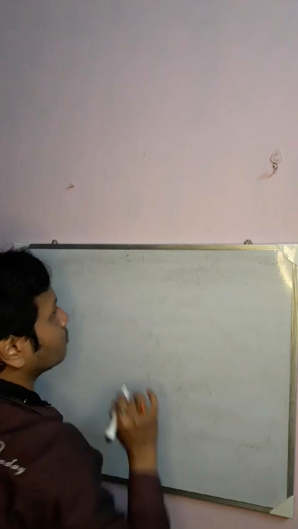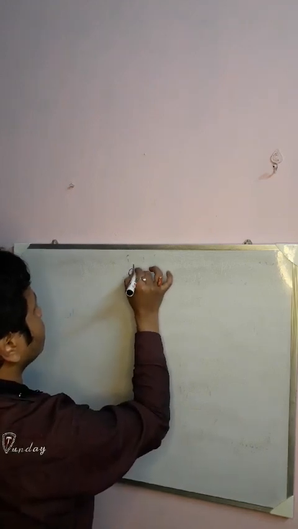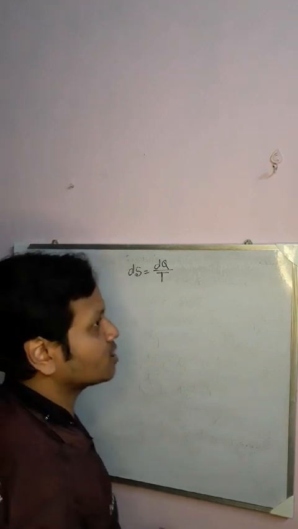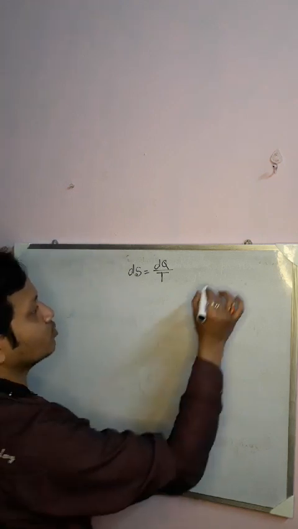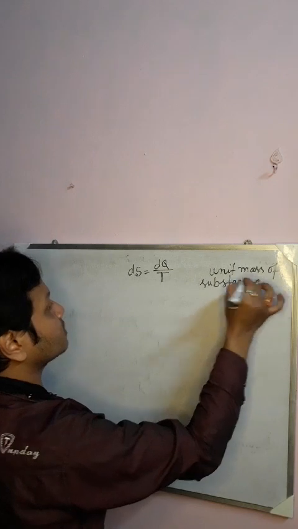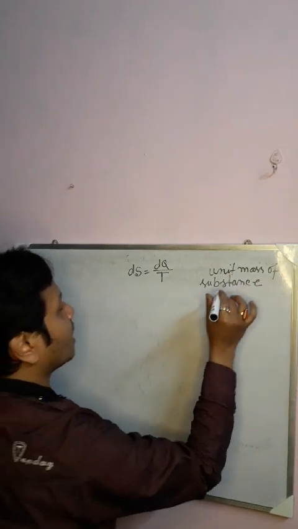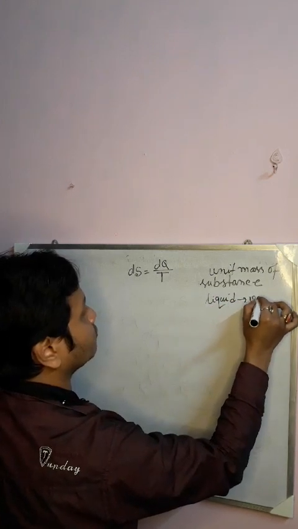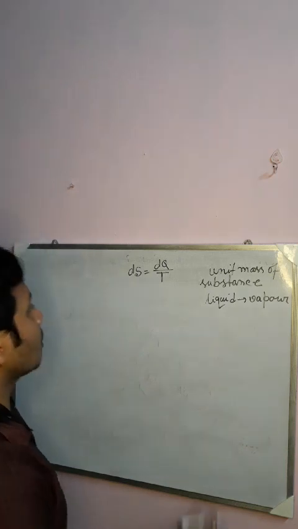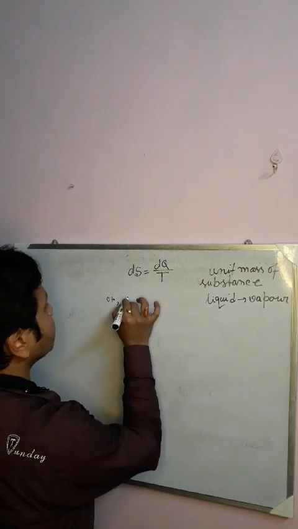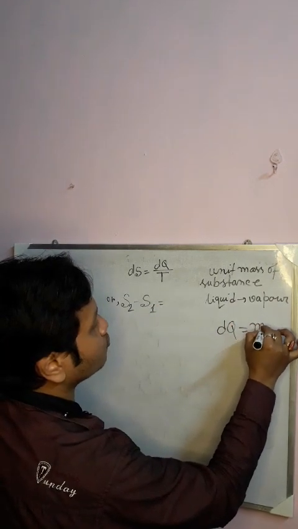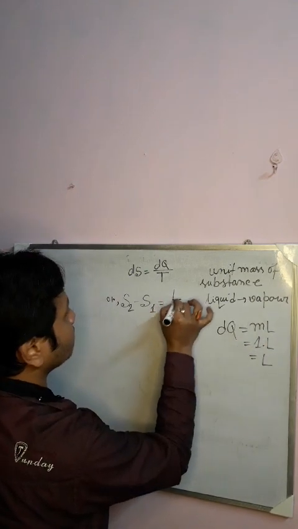From the second law of thermodynamics we can easily write dS equals dQ upon T. Now consider a unit mass of substance that undergoes the change of state from liquid to vapor, and if S1 and S2 are the entropies of the liquid and vapor states, then we can write S2 minus S1 equals L upon T, since dQ equals mL with m equal to 1.